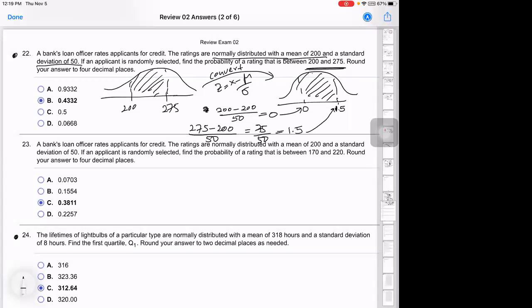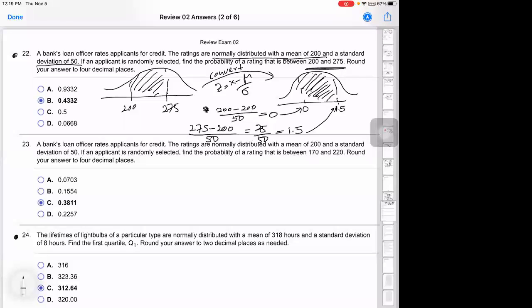Now you know what to do, right? Find the area between these two values, 0 and 1.5. You already know the area that belongs to Z 0 is 0.5. We found it in question number 13, I guess.